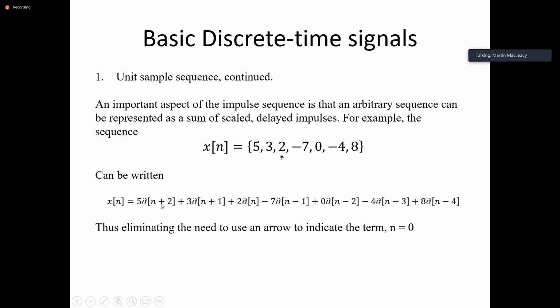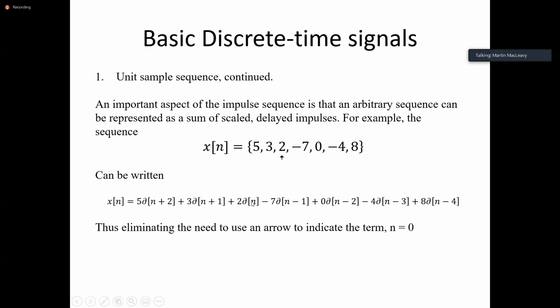But they are shifted. So if we look here, we see that the only term in this equation that has a non-zero value is, for x of 0, 2 delta 0 here.